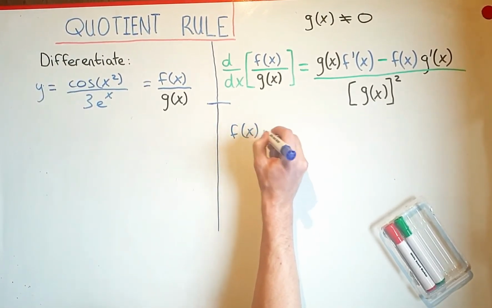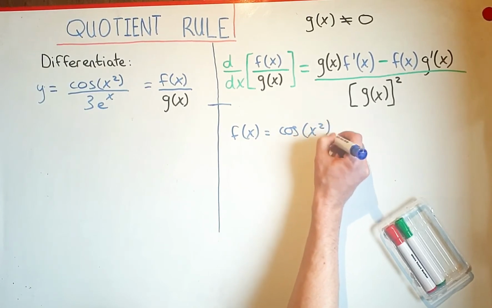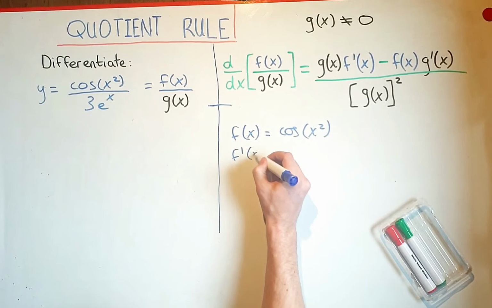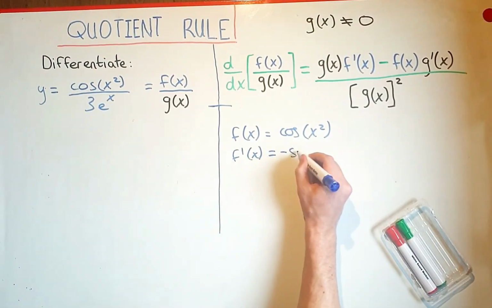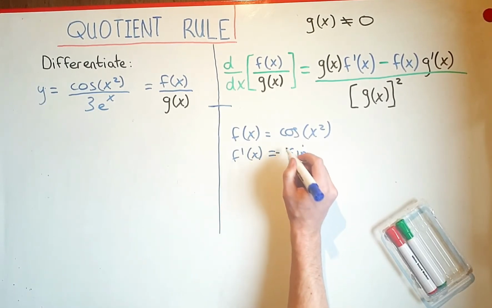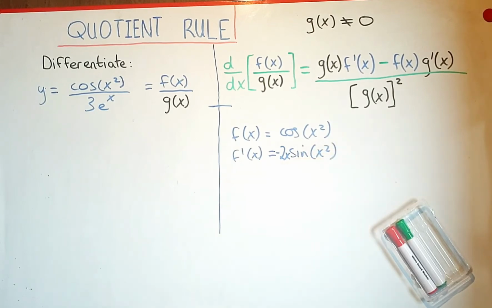with an f of x that's equal to cosine x squared, and then we have an f prime of x, which is f of x differentiated, which is equal to minus 2x sine x squared.